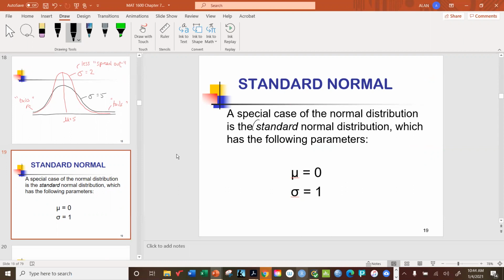This is the only normal distribution that has its own name, which shows you how important it is. The mean is 0 and the standard deviation is 1. This is the one you're most likely to use in practice. All right, so with that being said, how do we actually calculate normal probabilities?